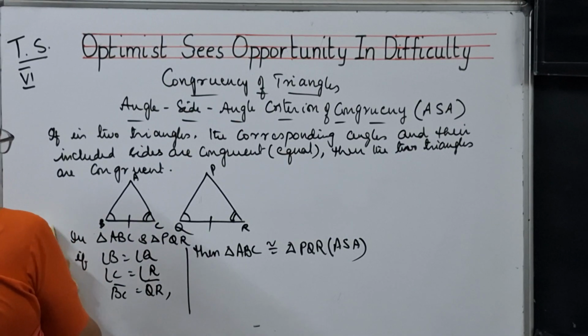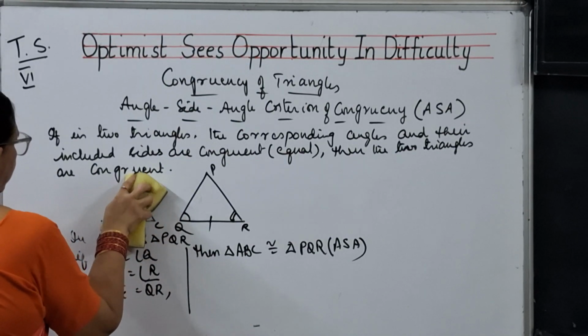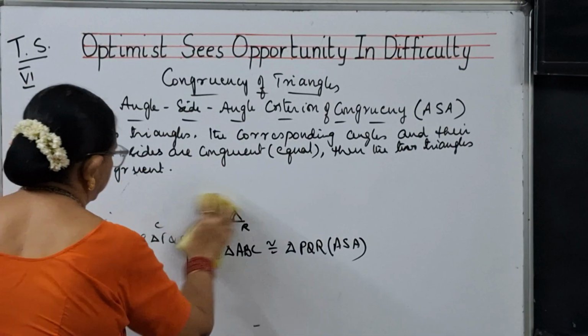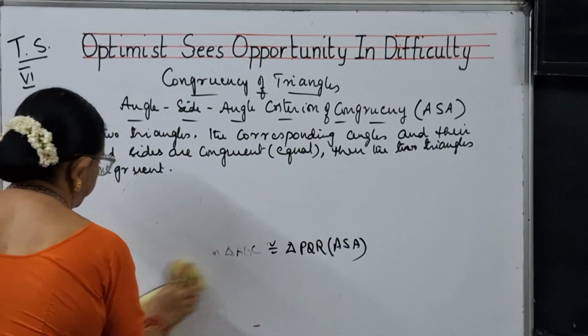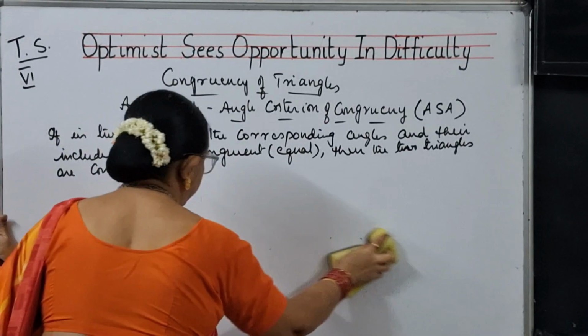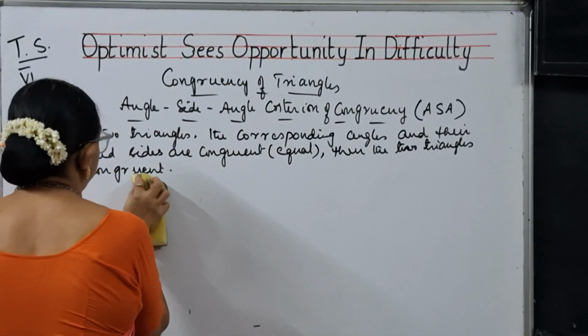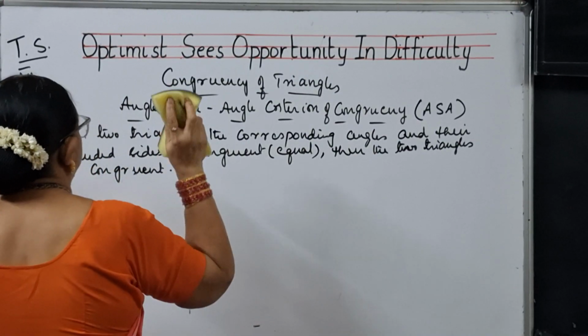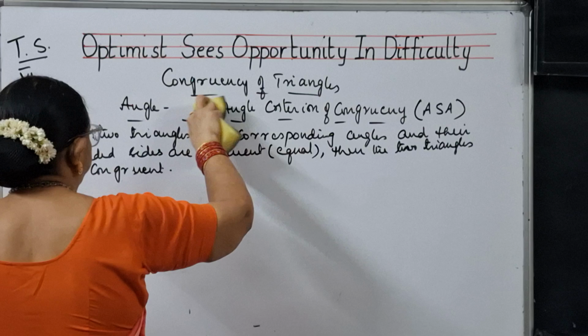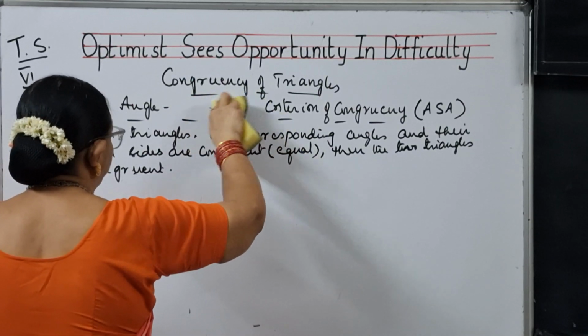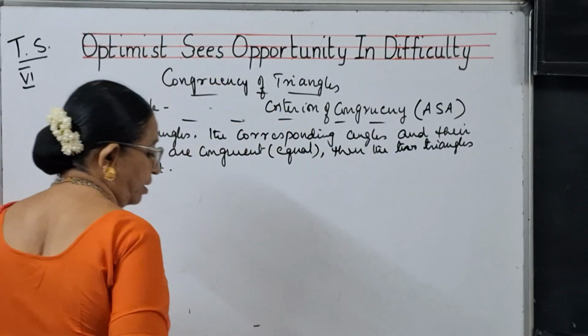Now I am going to deal with another property, children, and that property is actually not mentioned in your book, but they have given certain problems based on that.